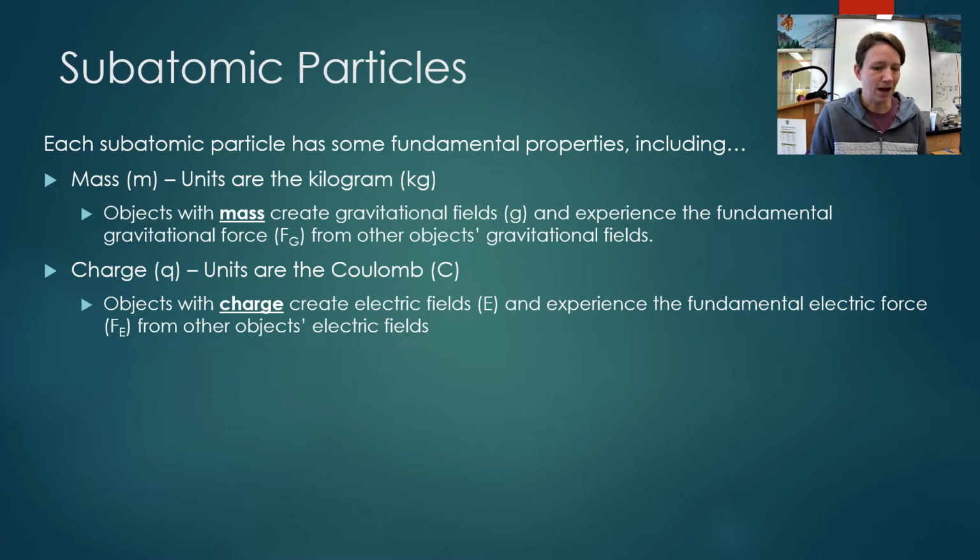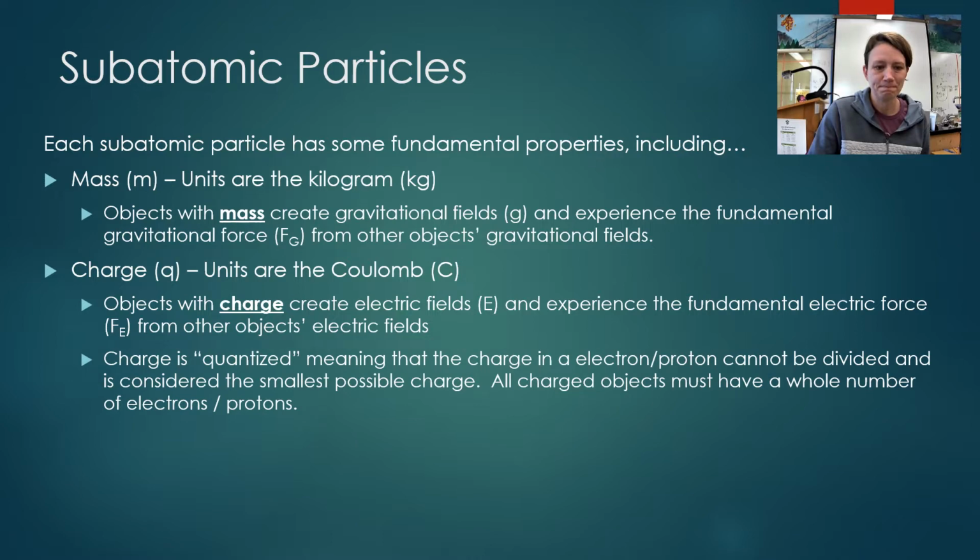And just like with mass, we would say that an object that has the property of charge is going to create an electric field, and we're going to use a capital E to represent that electric field. Any object that has an electric field will be experiencing this fundamental electric force, or F sub E, from any other object that has an electric field nearby.